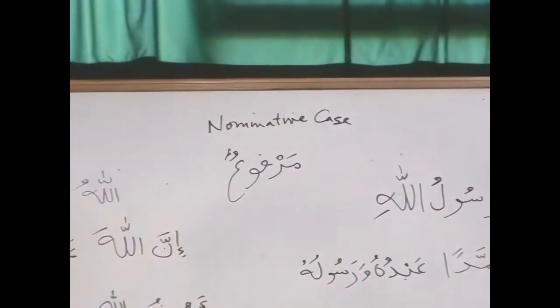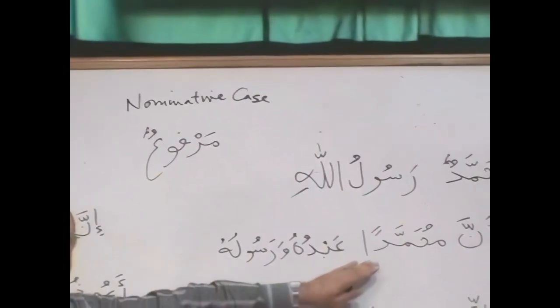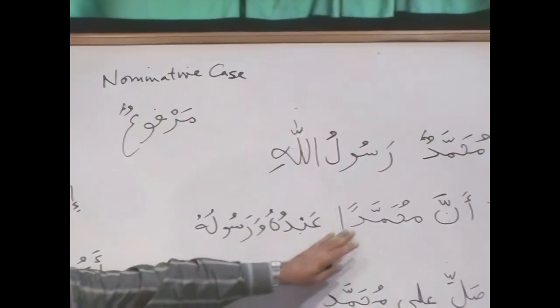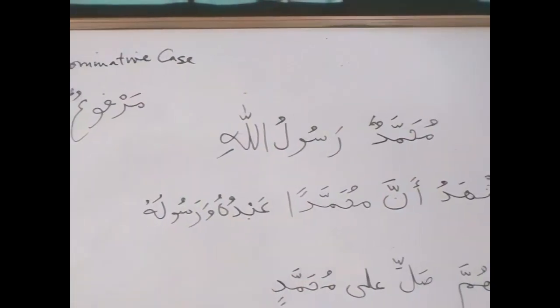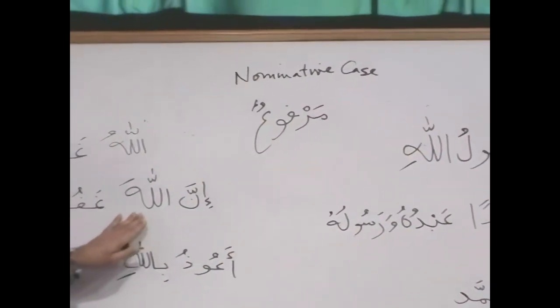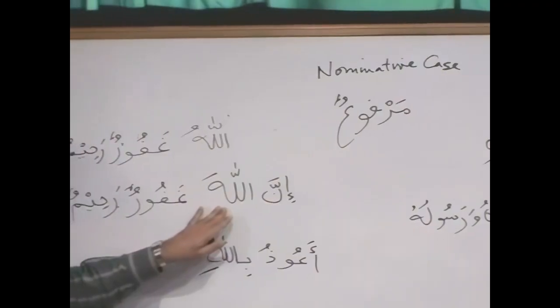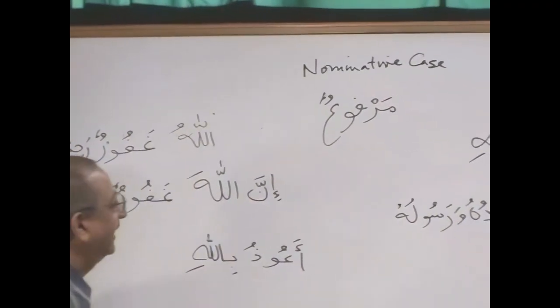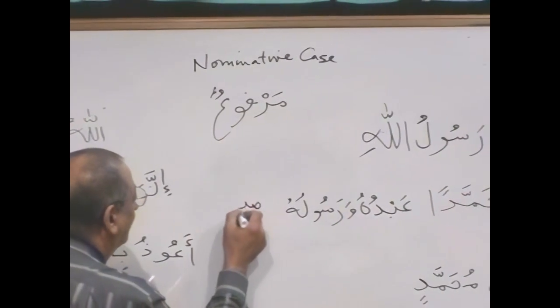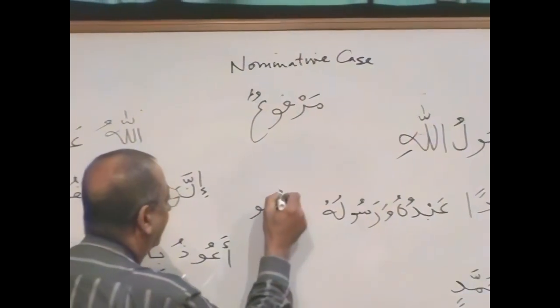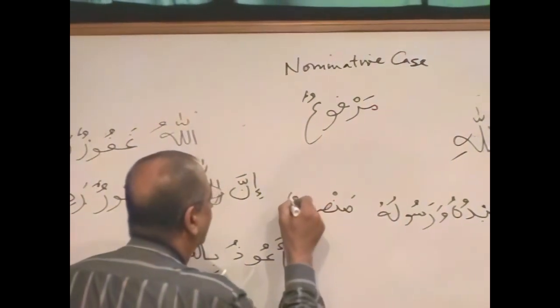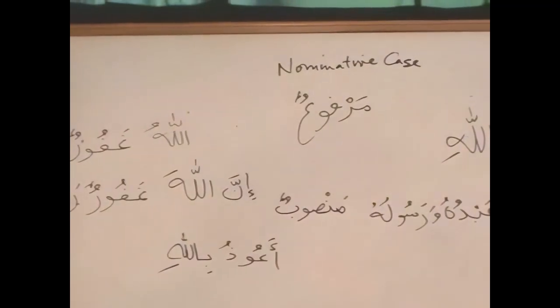Okay? Now, if the noun ends with a fatha, be it a tanween or one single fatha at the end of a noun, then we say it is mansoob. What is it, brother? It is mansoob.